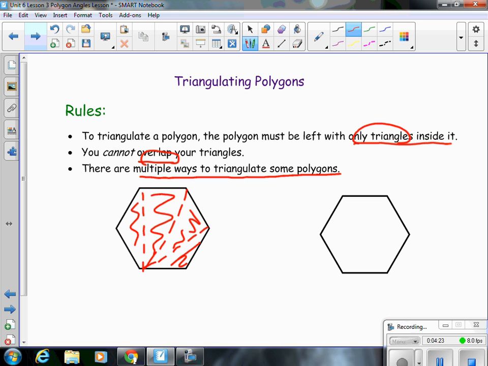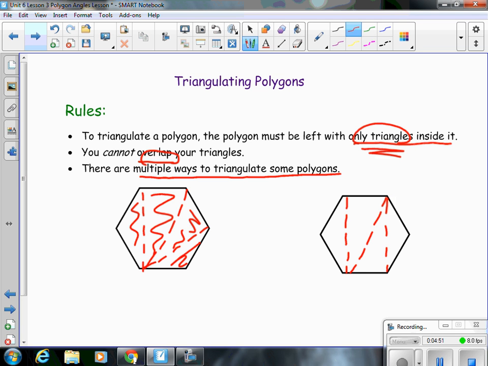So here's the other way. I can go like this. So now I have 2 triangles, but I'm left with a rectangle in the middle, and I can't have that. I can only have triangles. So I can divide that quadrilateral, that rectangle, into 2 triangles also.